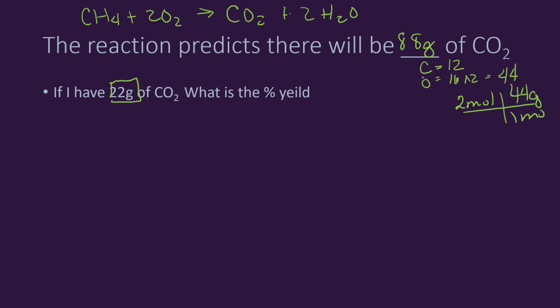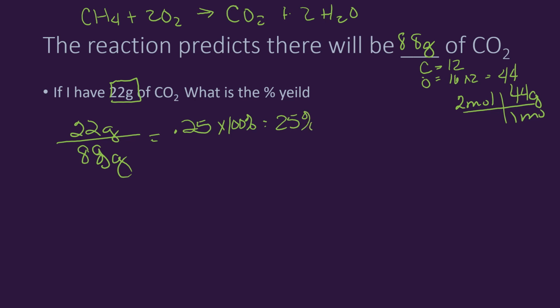So what we're going to do is take the amount that we got, 22 grams, divide it by our theoretical yield, which should have been 88 grams. And that is going to equal 0.25 times 100%. So we had a 25% yield.